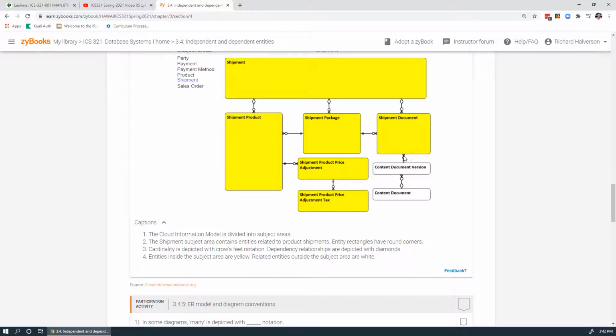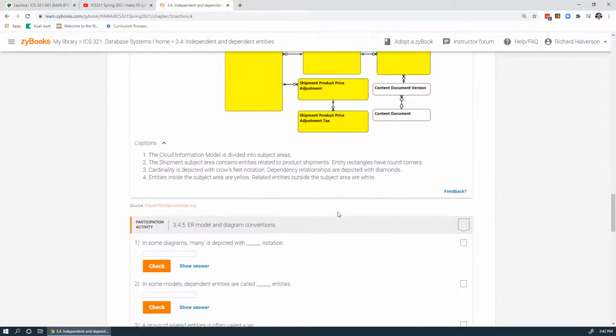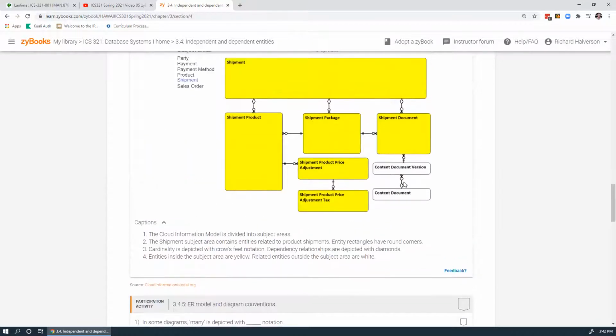And these are crow's feet here where this is like one to many. And this double bar means, I think you got to have at least one or something. I can't remember what the double bar means, but it has to do with whether there has to be at least one or there can be zero.